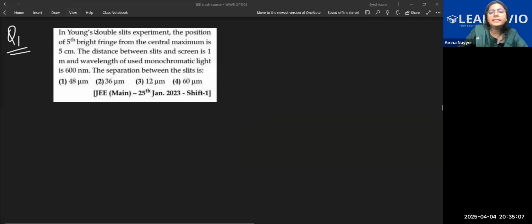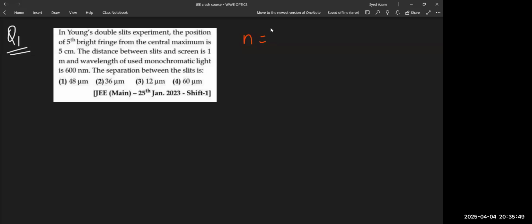Okay. See, this says in Young's double slit experiment, the position of the 5th bright fringe from the central maxima is 5 centimeters. Distance between slits and screen is 1 meter, and the wavelength of used monochromatic light is 600 nanometer. Separation between the slits is? First of all, what has it given to us? Upasna, you tell me, number of the bright fringes, n is? 5.